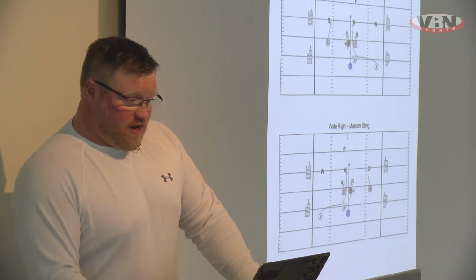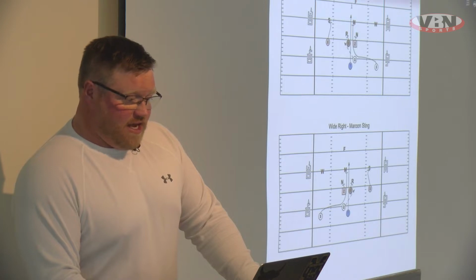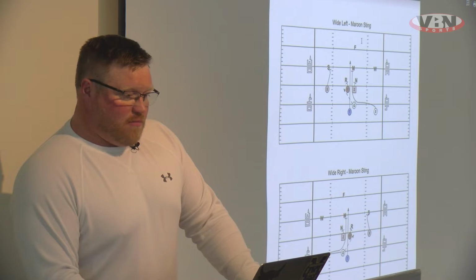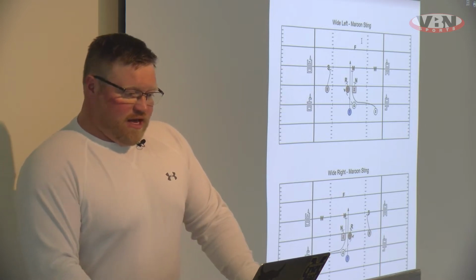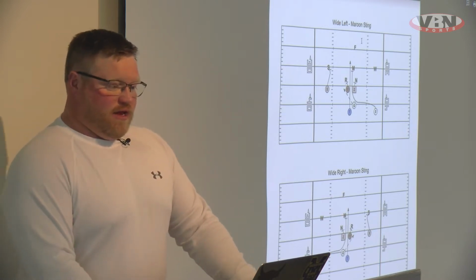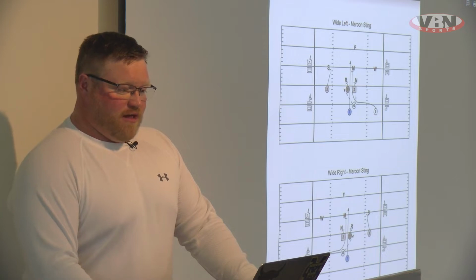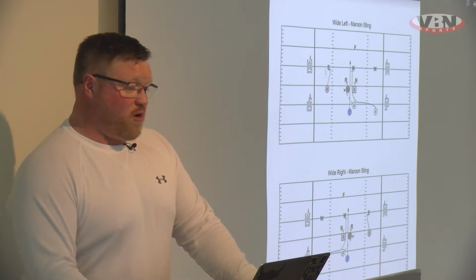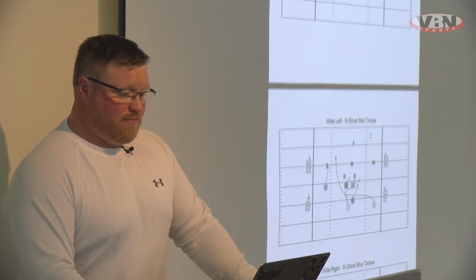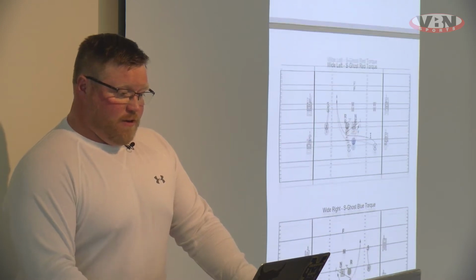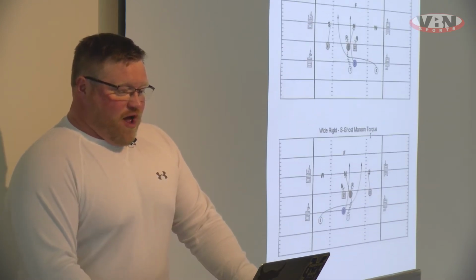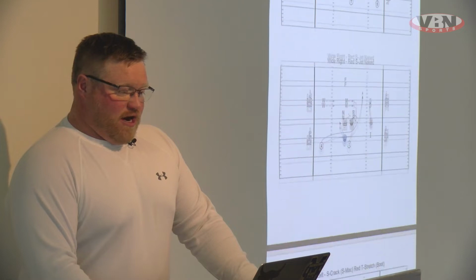They even brought their slot back as a lead backer, and then they would have a maroon sting, I guess they called it here, where they'd run the tailback up the middle in a lead blocking formation, then they'd run the quarterback right off the edge, and a lot of times they would keep it with the quarterback as well. So that's some of the run plays that you can get really creative with.